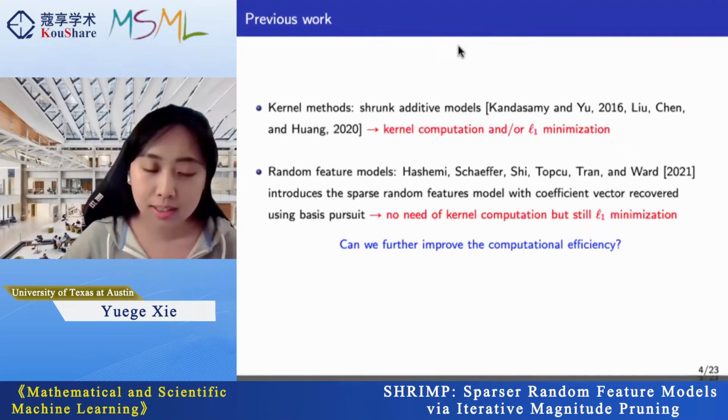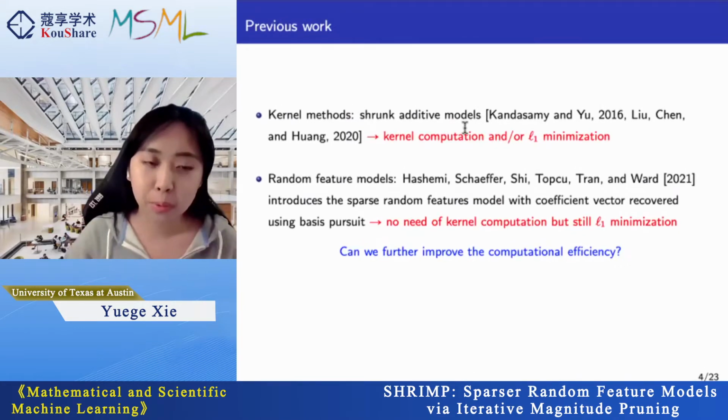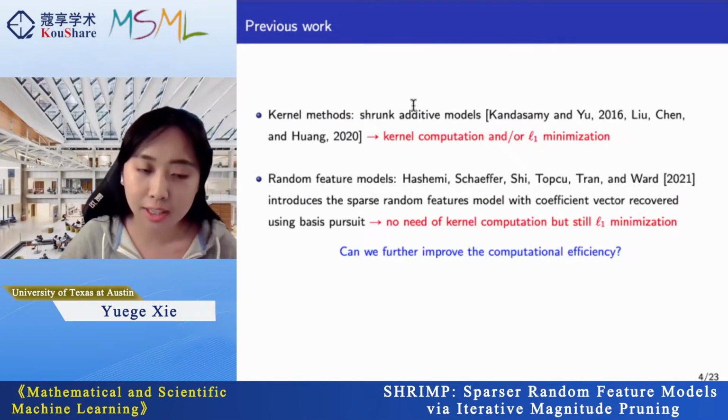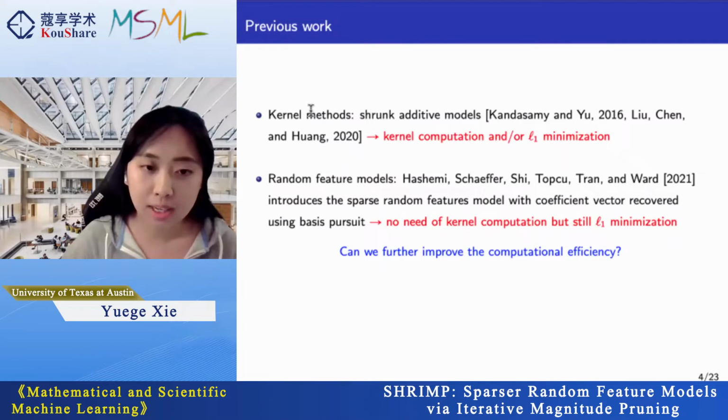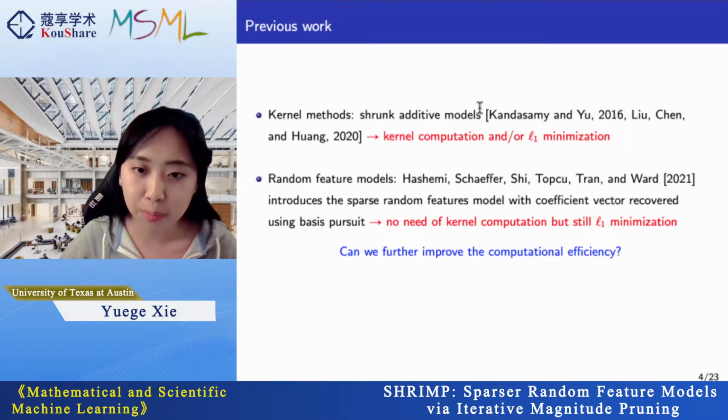There are some previous works on this kind of question. The first line of work is kernel methods, in particular the shrunk additive models by Kandasamy and Yu and Liu.